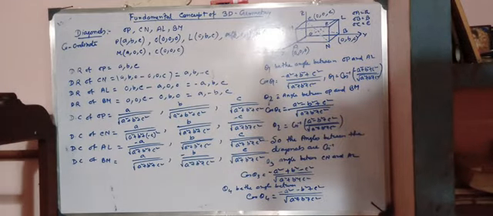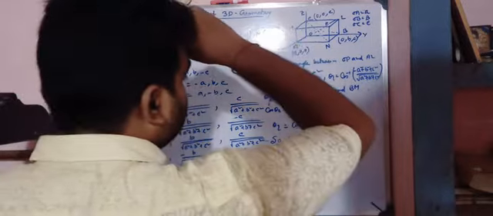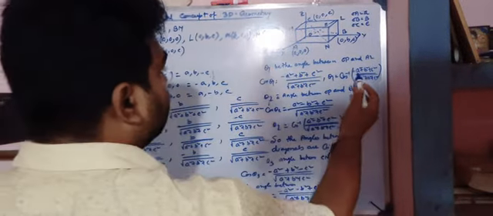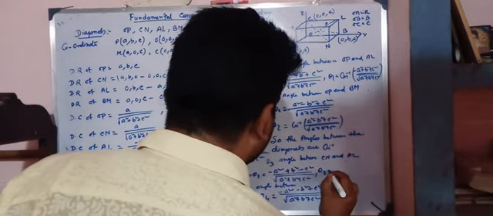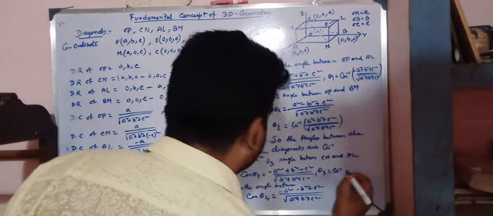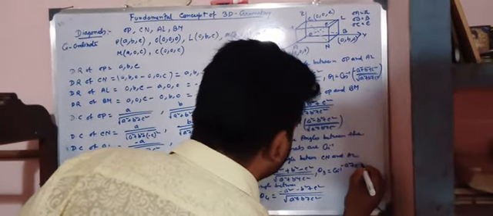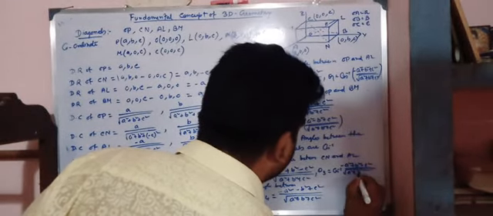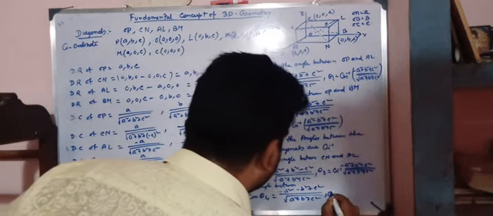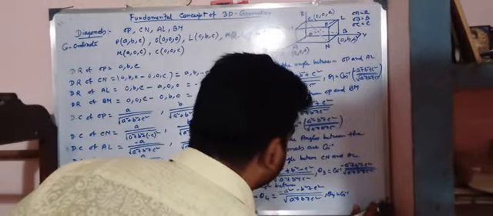Understood that? So if we see the calculations, from here theta 3 is equal to cos inverse of minus A square plus B square minus C square by root over of A square plus B square plus C square, and here theta 4 is equal to cos inverse of minus A square minus B square plus C square by root over of A square plus B square plus C square. Understood that?